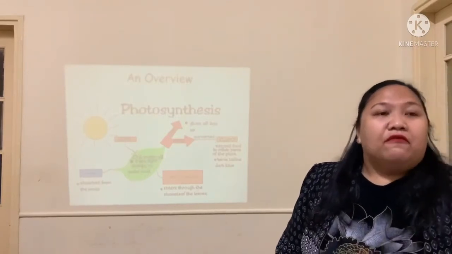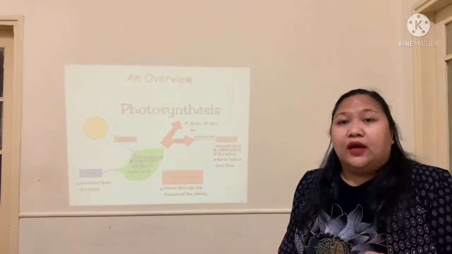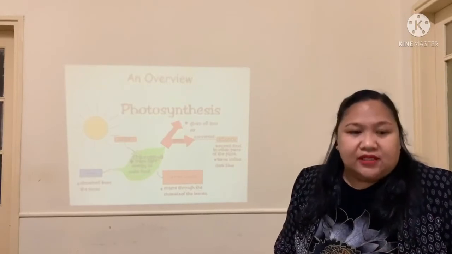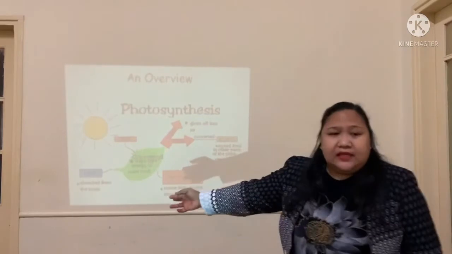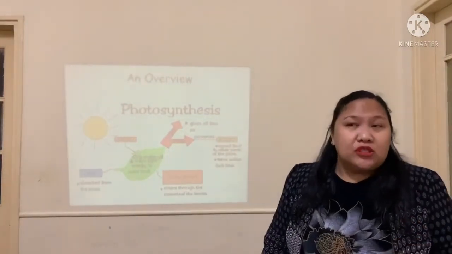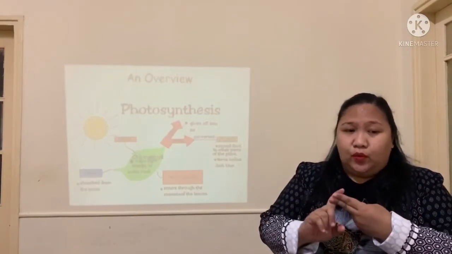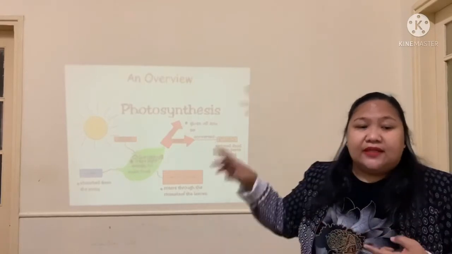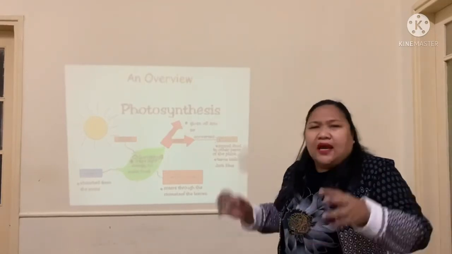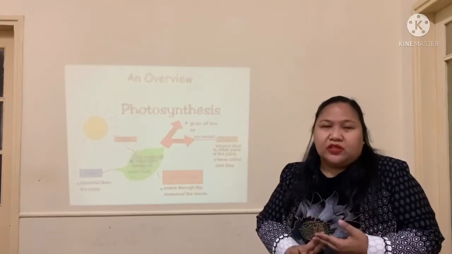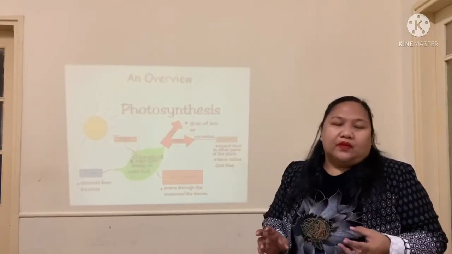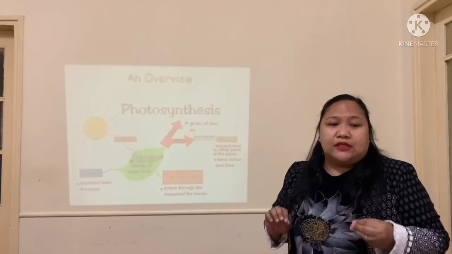Very good. Through the stomata of the leaves. How about water? Water is absorbed from the roots. So that's the second one. And the third one is the light coming from the sun. As I mentioned a while ago, absence of one of these factors will disrupt the process of photosynthesis.